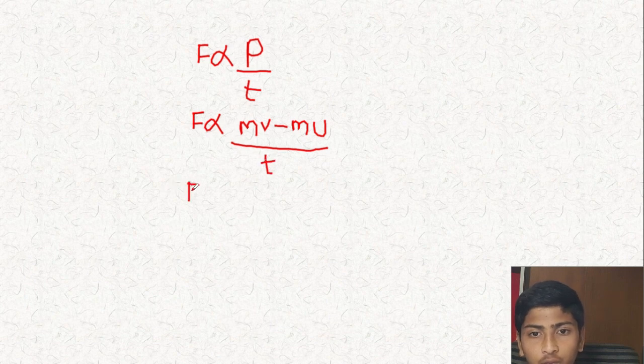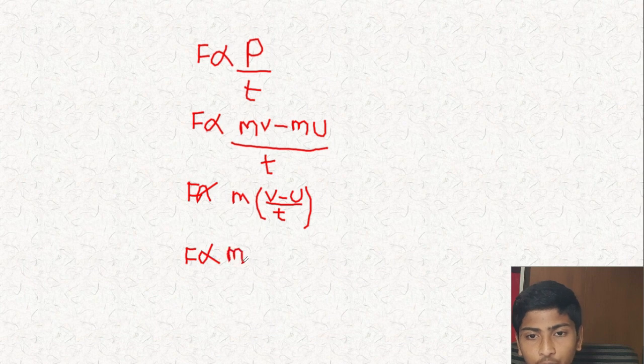F is proportional to, here we can take m common, so we can write v minus u by t. So F is directly proportional to m into v minus u by t, which can also be written as a.